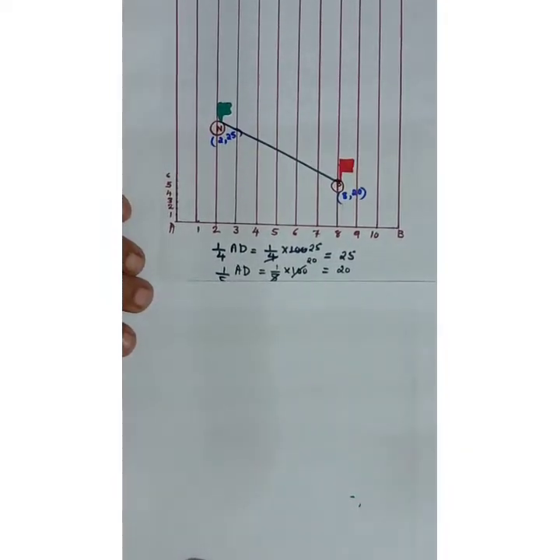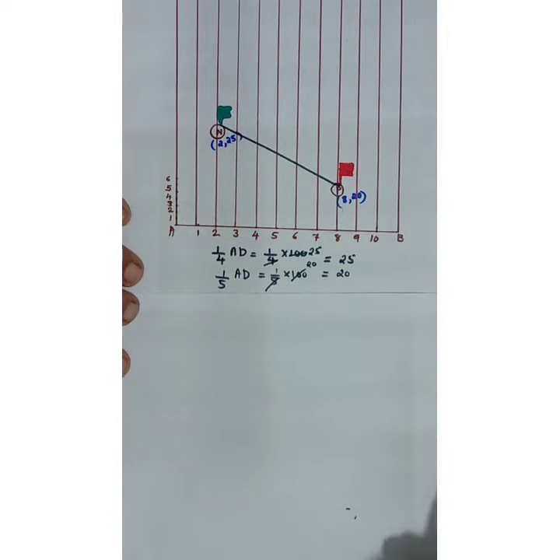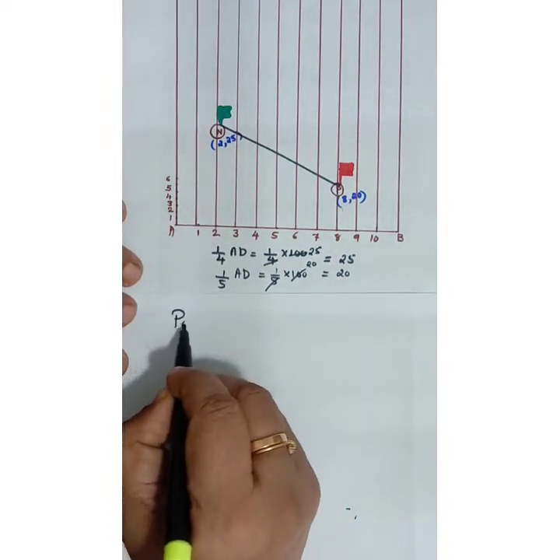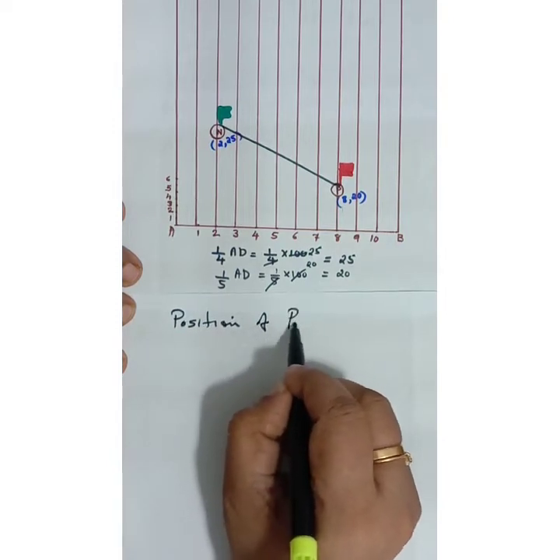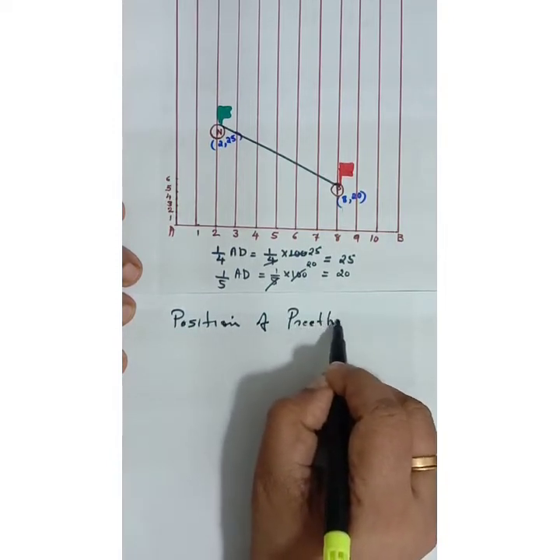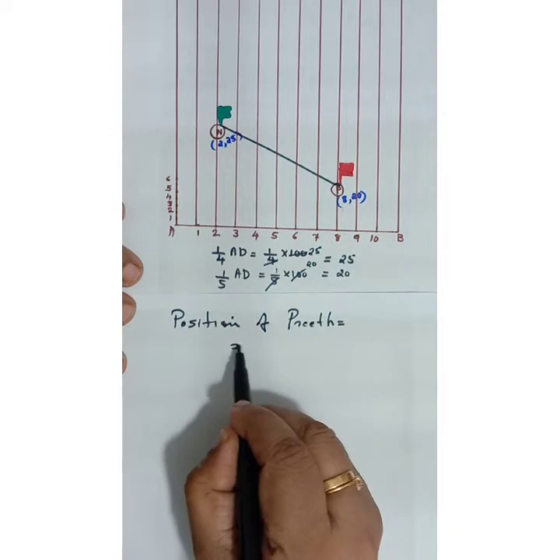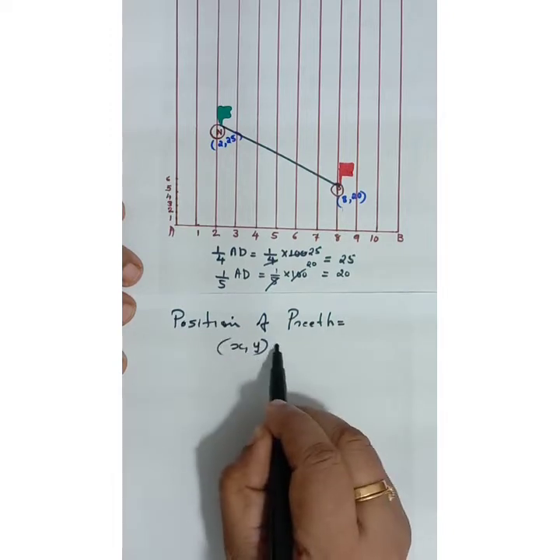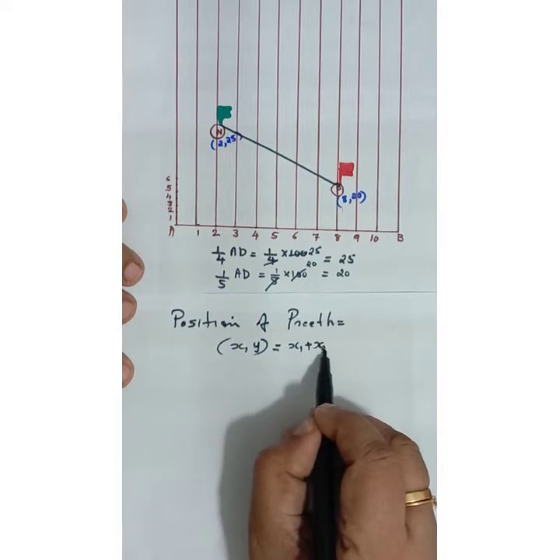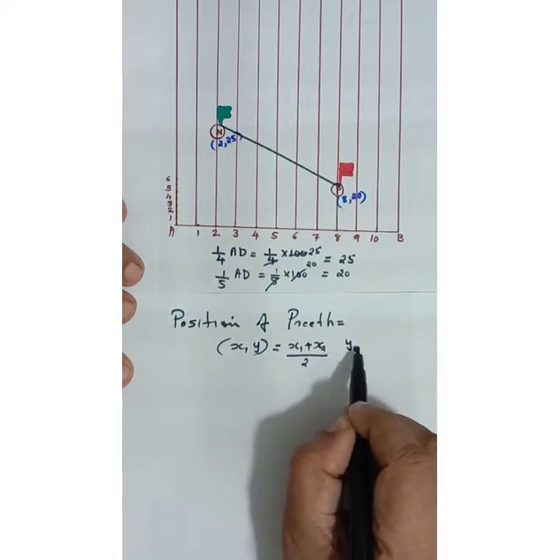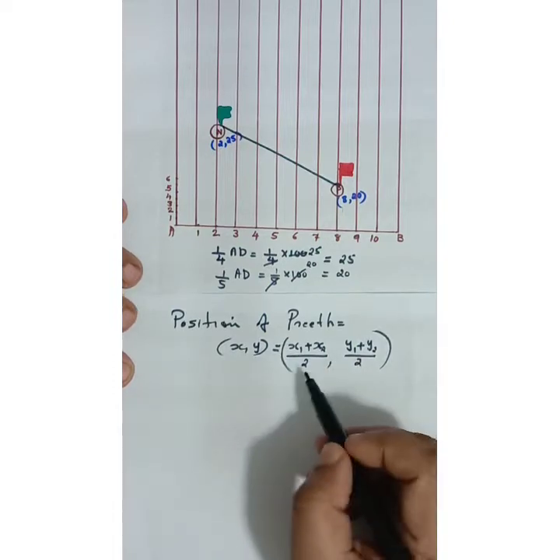So where is the position of Rashmi? We are going to find out. The position equals the coordinate. Let us consider it as (x, y). How do we write it? (x1 plus x2) by 2, (y1 plus y2) by 2. So this is the coordinate we have to get.